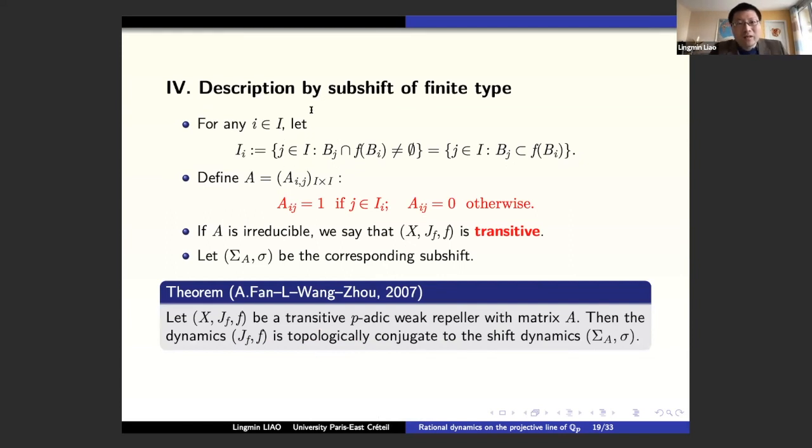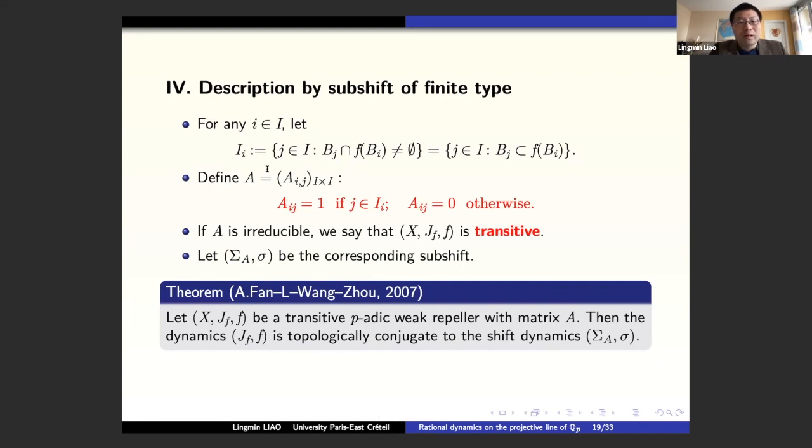How do I study it? In Q_p, for two balls, if the intersection is non-empty, then one is included in the other. So here I need to define a matrix.